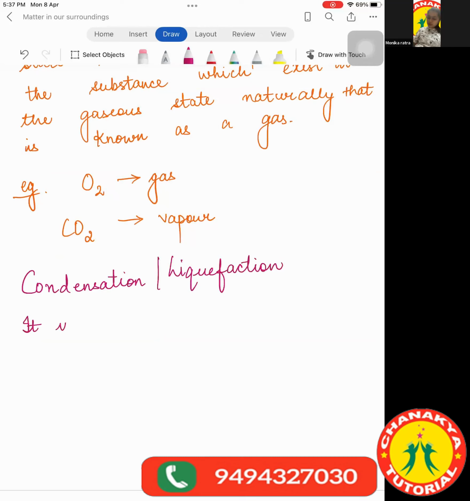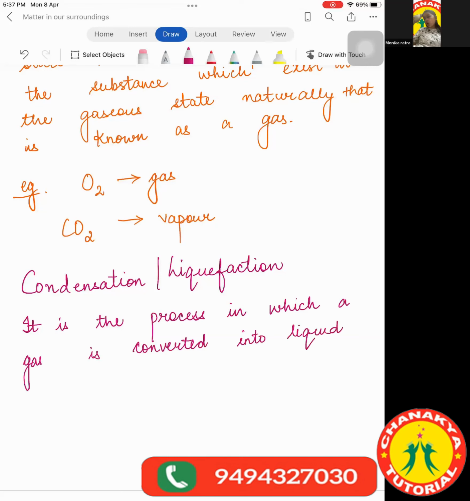It is the process in which a gas is converted into liquid state on cooling. The example for this is the conversion of water vapors to liquid water.